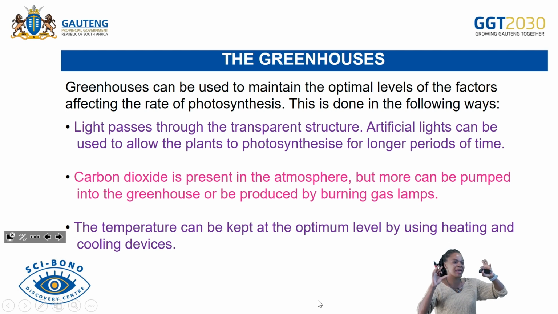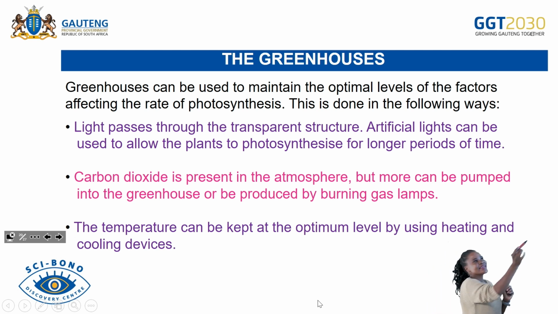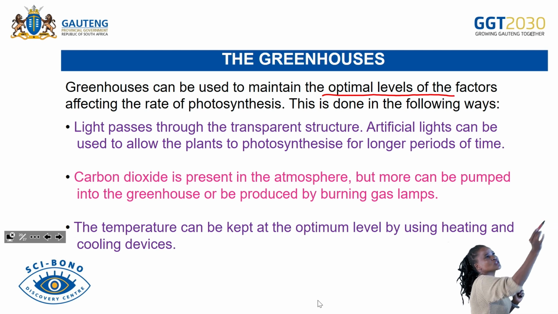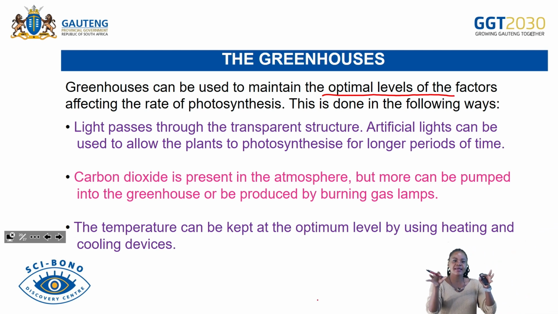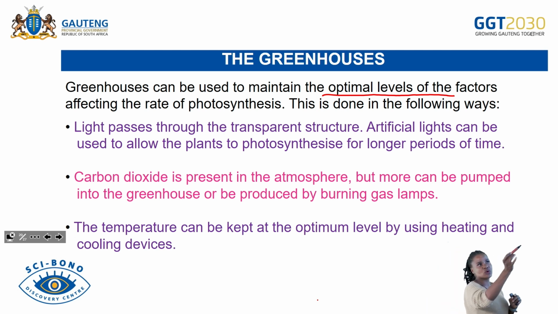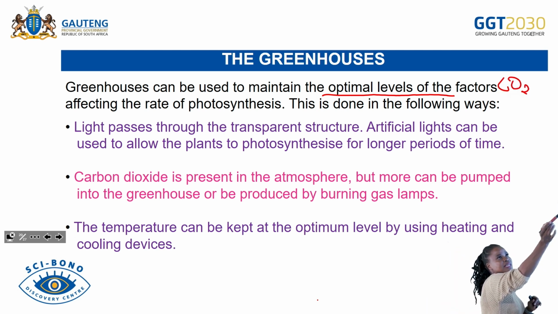Now, let us look into the greenhouse as a whole. So, what is the purpose? What is the aim of the greenhouse? Or what are the purposes of the greenhouses? The greenhouses are there to do what? To maintain the optimum levels of all the factors that are contributing to the rate of photosynthesis. And remember those factors, we've got carbon dioxide, we've got temperature, as well as light intensity.